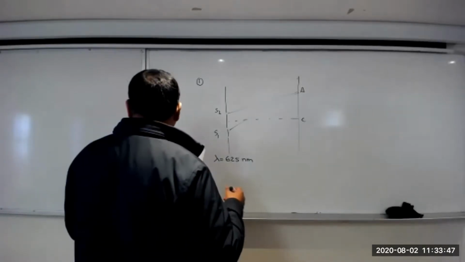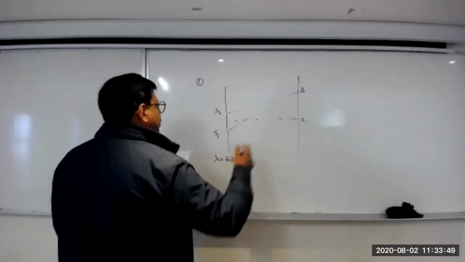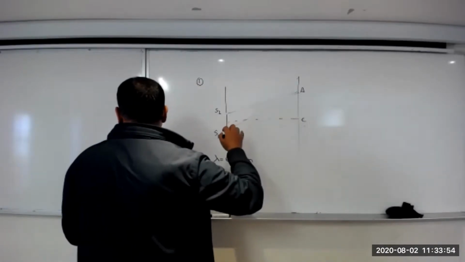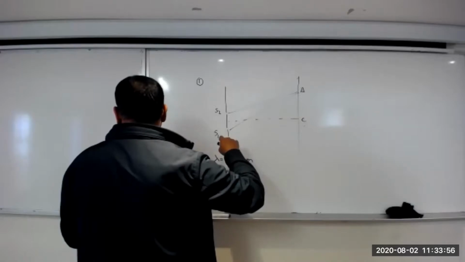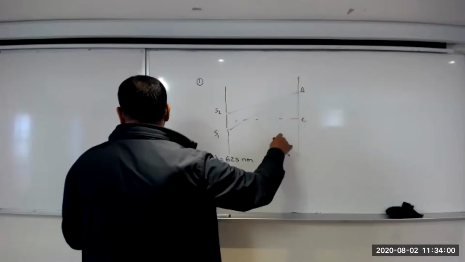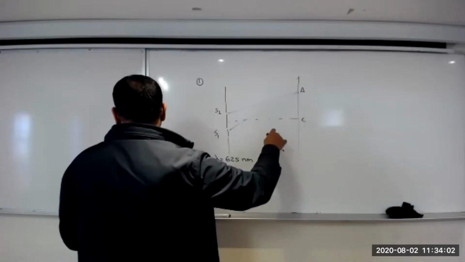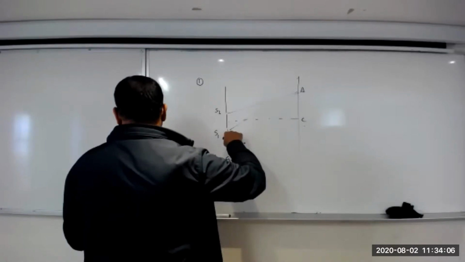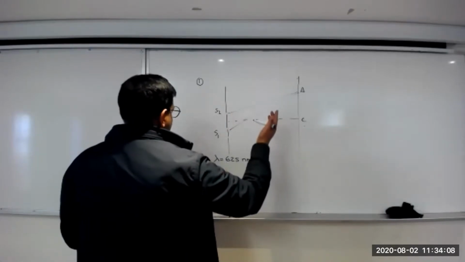So the question is saying that point C is at the center of the pattern, and point A is located 2.5 micrometers further from slit 1 than slit 2. They're talking about path difference.